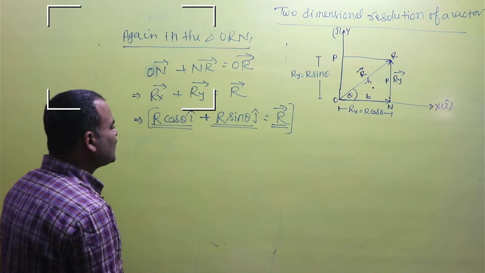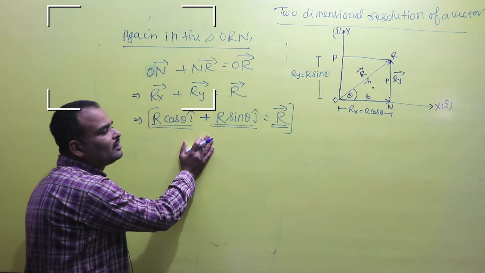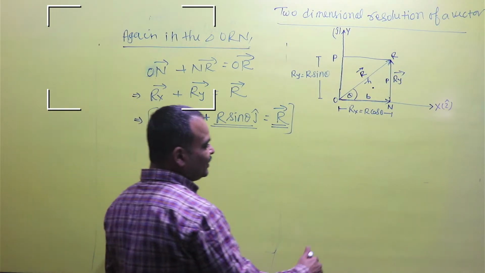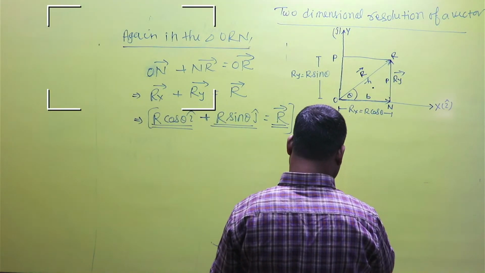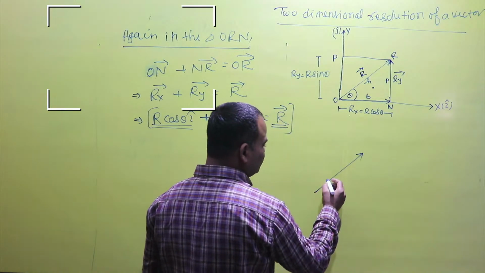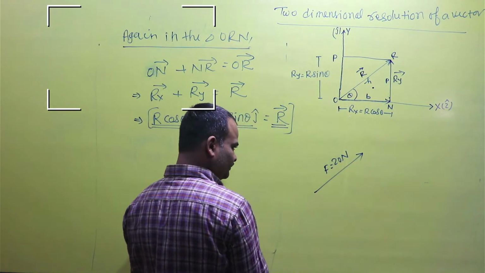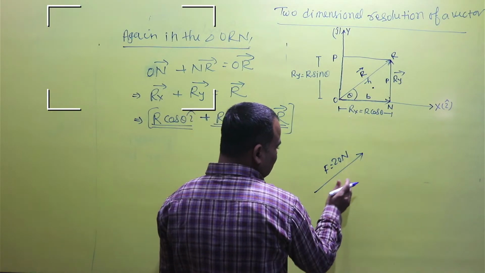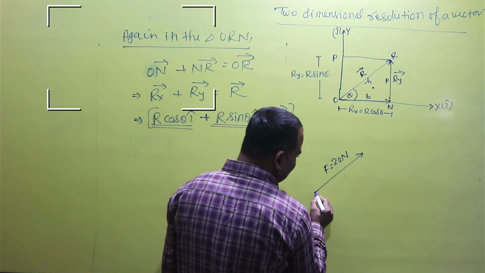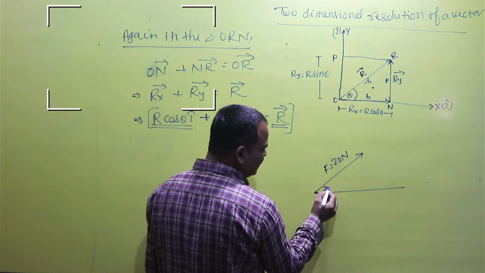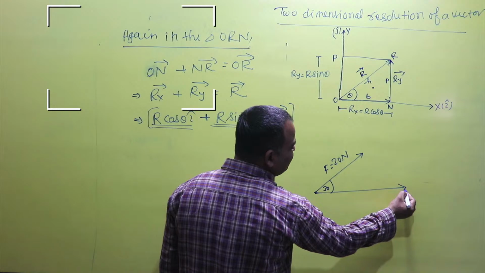Now how can we use the resolution of vector? So take an example. Let a force of 20 Newton be acting at an angle of 30 degree from the x-axis.